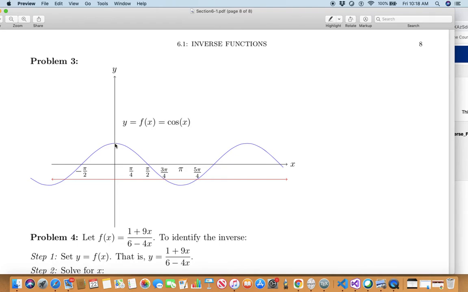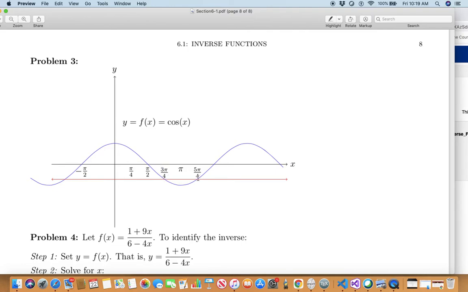Because you see, from here to here, my function cosine is 1 to 1. Beyond it, it is not 1 to 1. So this is the piece that should get me the value. So cosine of 5 pi by 4 gives me a particular height, which is also achieved at 3 pi by 4.